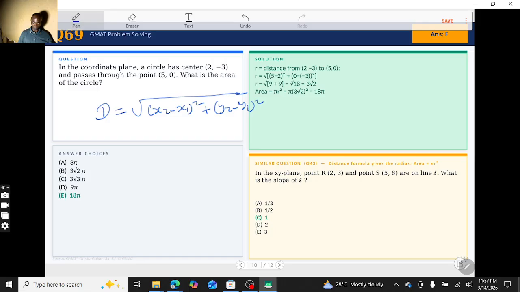So 5 minus 2, 0 minus 3, and if we resolve that, we get the square root of 18. Then the area is pi r squared. That is pi times the square of the square root of 18, which is 18. So we have 18 pi.